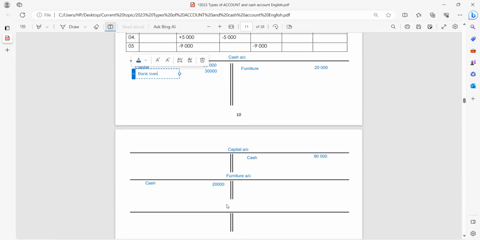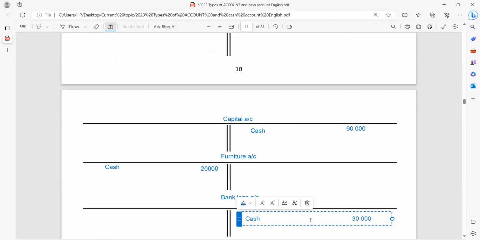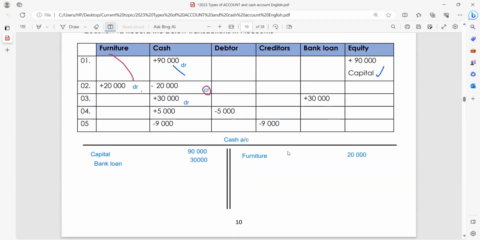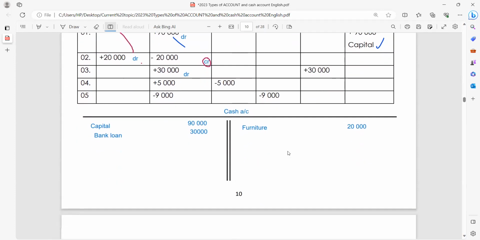Then go to the bank loan account, credit side, cash 30,000 rupees. So without preparing cash accounts one by one, in one cash account itself we can record everything. That is the change I made in question number 12.